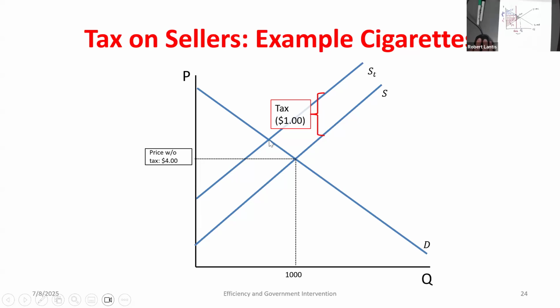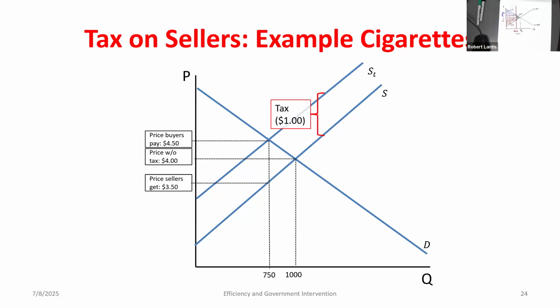So what is true now, every quantity in this range, the price that the consumer is willing to pay, their marginal benefit, is now below the price that the seller requires in order to produce or sell that product. So we're not going to see any of these units sold anymore. Our new equilibrium would be where the supply curve plus the tax hits our demand curve. That's the price that consumers or buyers are going to pay.